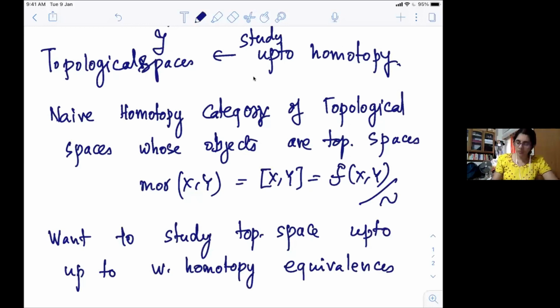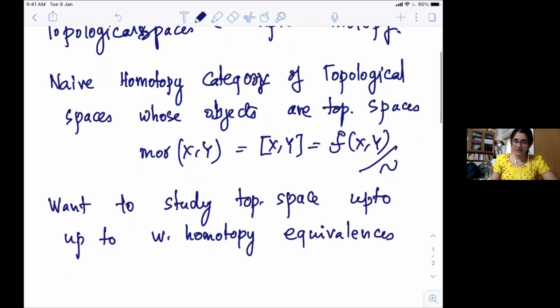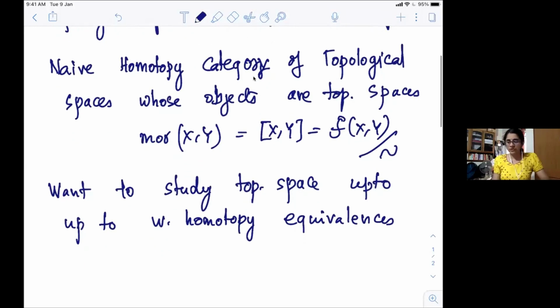Okay, so since we want to study them up to weak homotopy equivalences, now we don't have maps going back and forth, unlike in the previous case.